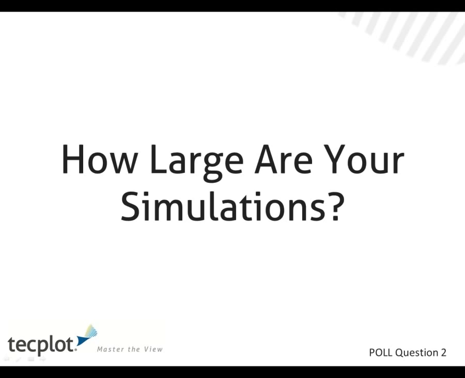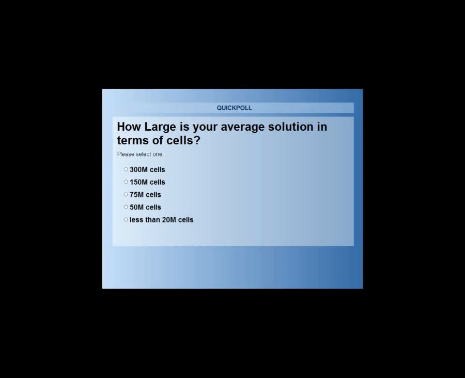So in that context, we just want to get a sense, for the audience, of how large your simulations are. We're going to look at the next quick check-in here. The poll is open. If you could quickly vote, on average, how big is your data? We've got one or two people with 300 million cell models, but most are 75 to 150.